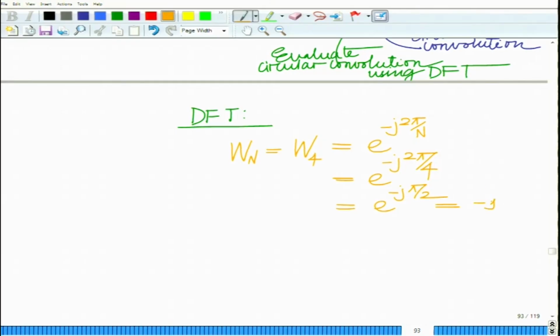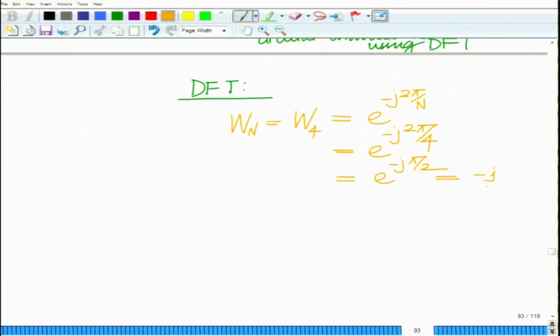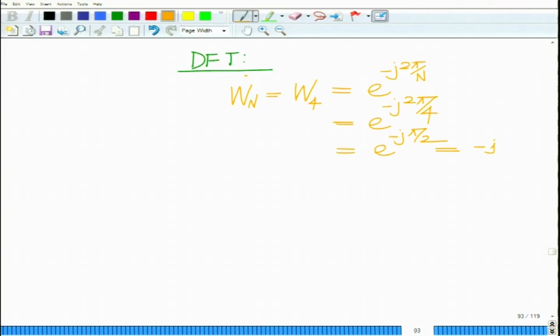So, W_N is minus j, okay. So, this quantity W_N, which we use in the evaluation of the DFT, is minus j.